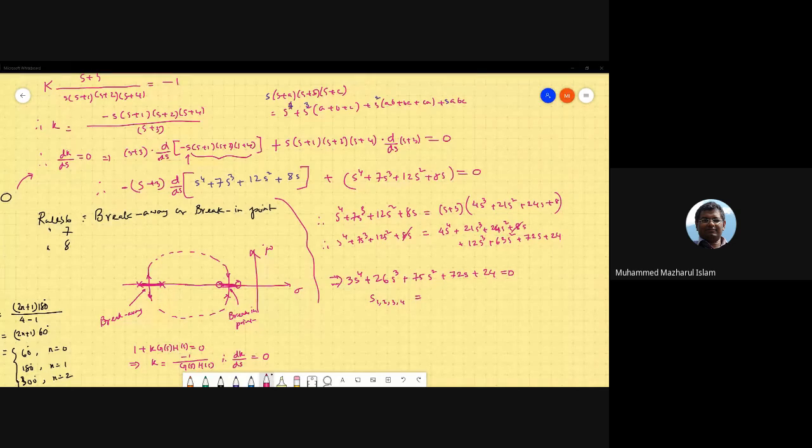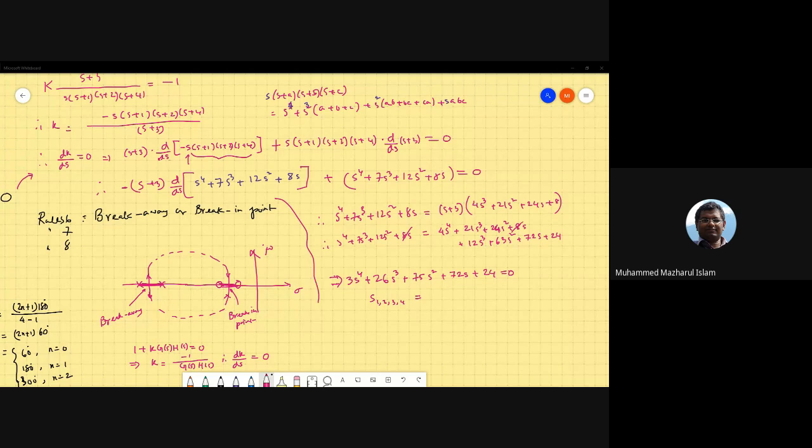So this is one of the methods actually. The textbook also mentions another method, but as you can understand, this is a long, rigorous calculation. If you have more poles or more zeros, the calculation becomes more tedious.